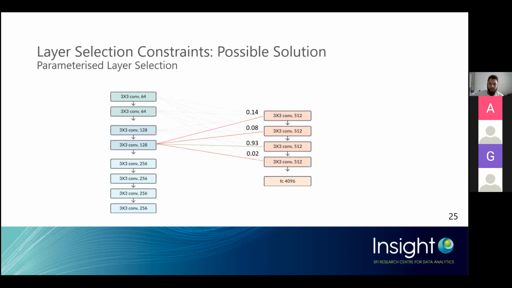As a possible way forward to this, we like the idea of parameterized layer selection. So what if you just wired up the whole network to each other, the teacher and the student, or even just sections of the networks to each other, and gave them a parameter that they could learn which losses to activate, which losses to drop, like a gate, possibly. That way, the network could learn which losses to transfer, and maybe exploit scenarios that we never would have guessed based on our own assumptions, and maybe even activate different losses at different stages.